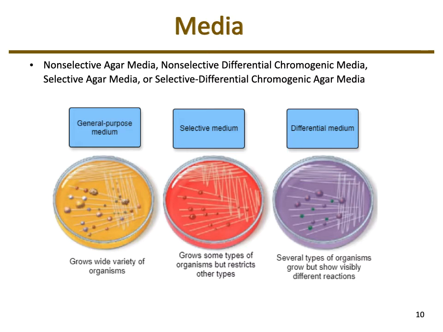An example of a selective media would be the mannitol salt agar plate, or MSA plate, which you might have used, because it has a more acidic pH.